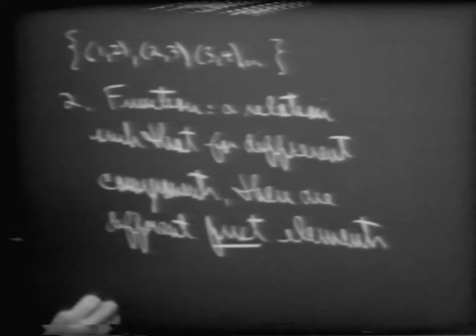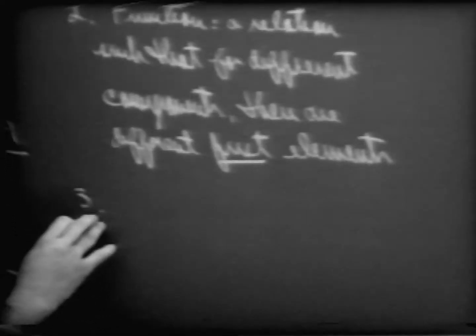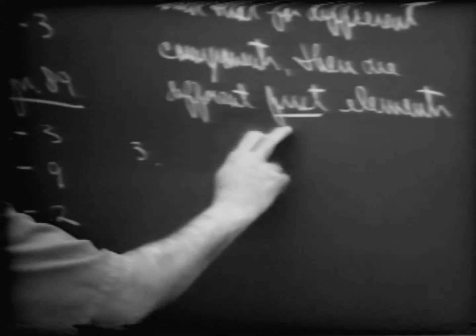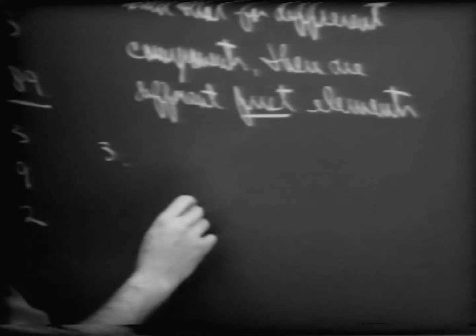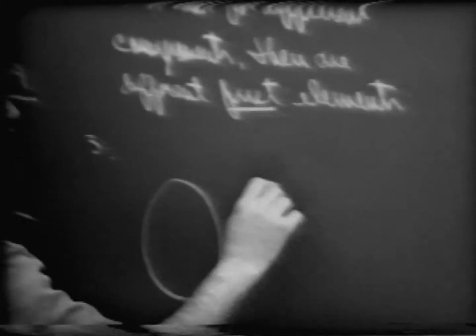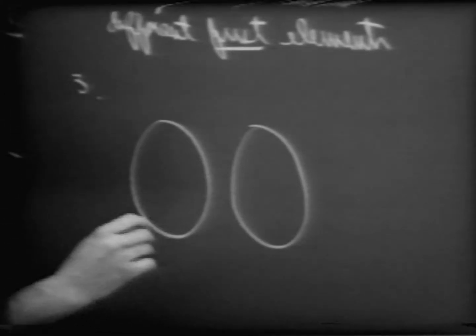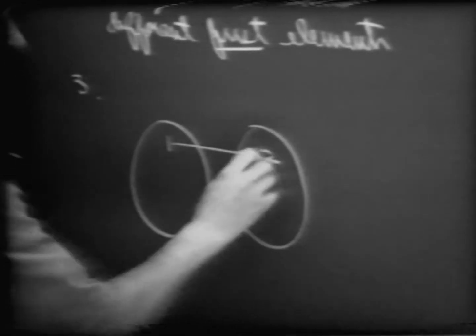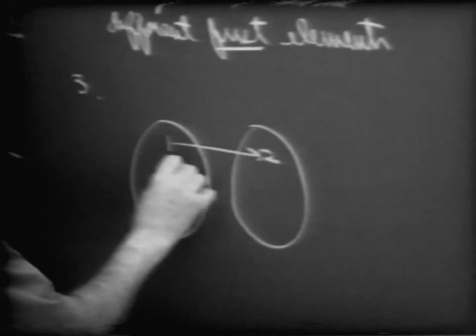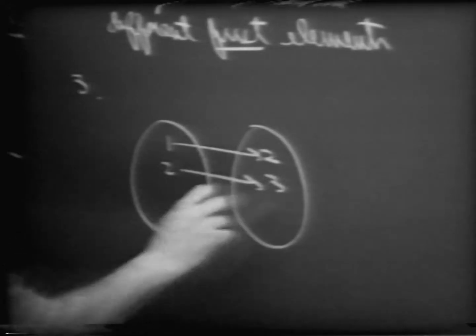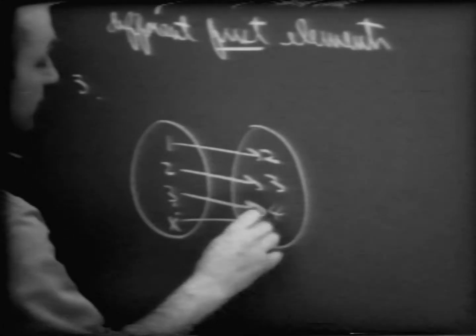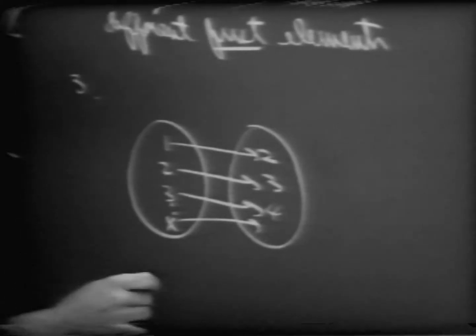Well, perhaps we had better look at a few examples just to make sure that we understand what we mean by this definition of a function, in which we have different first elements. Now, there was one way in which we described a function. If we make a diagram such as this, let me take 1 mapped into the element 2, 2 mapped into the element 3, 3 mapped into the element 4, and x is mapped into x plus 1.